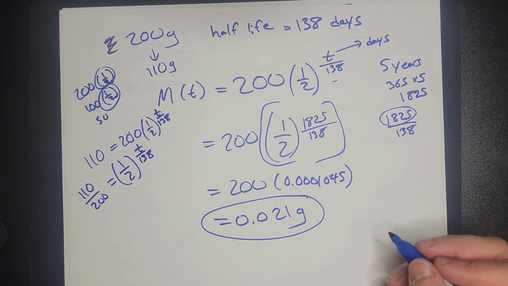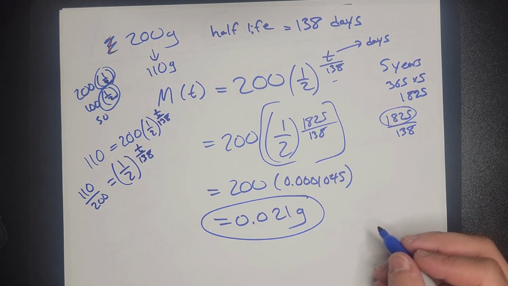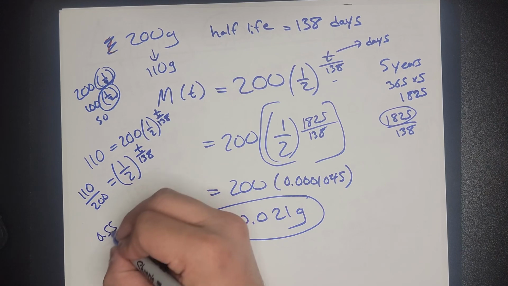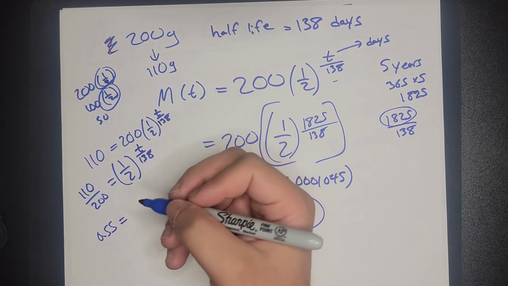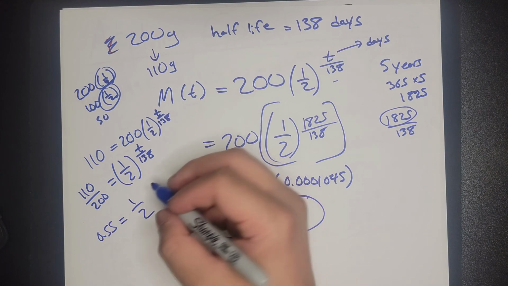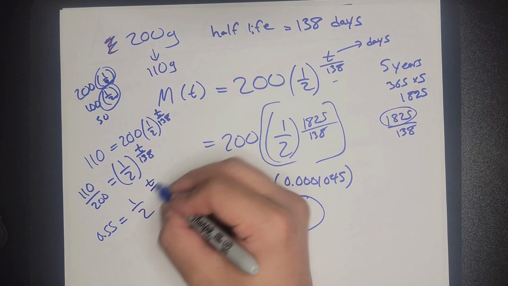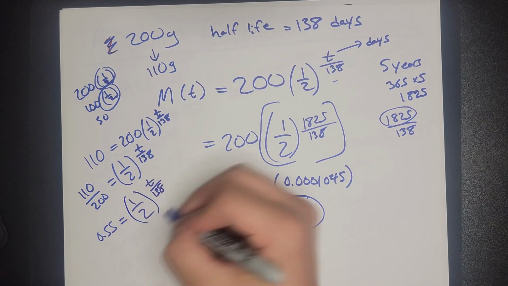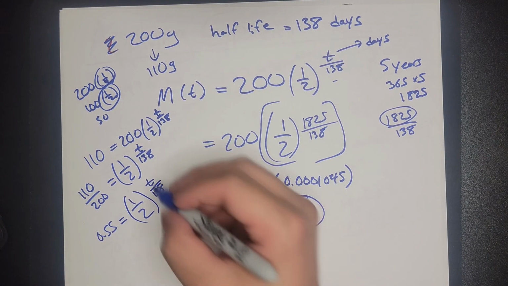And now, again, I don't know if I showed you that part. But yeah, 0.55 equals 1 over 2 to the power. And then we can solve from here.